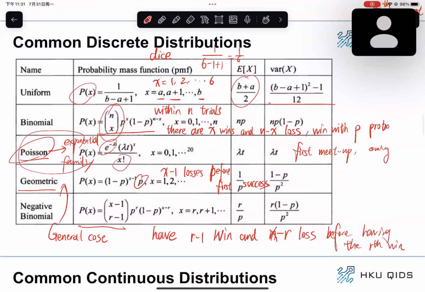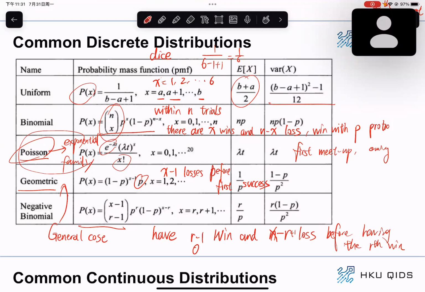X, sorry, this is x here. So basically we can just replace this r minus 1 by 0, and this is going to be the geometric case, if we set r equal to 1.